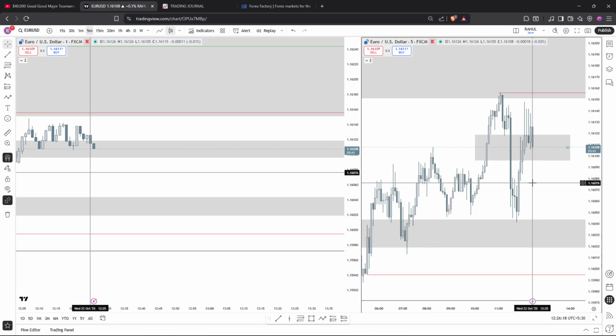But now I'm not doing the same. I'm including the drawn liquidity, then the daily bias, and my trend. When I add these three things, the strike rate of the trade becomes higher, because before I was not seeing the drawn liquidity, I was just seeing the trend.